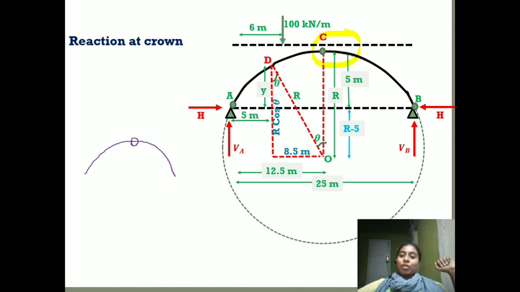So the summation of all the vertical reactions is VA minus 100. That force will be acting here. See, if VA minus 100 is positive, this force will be acting downwards.